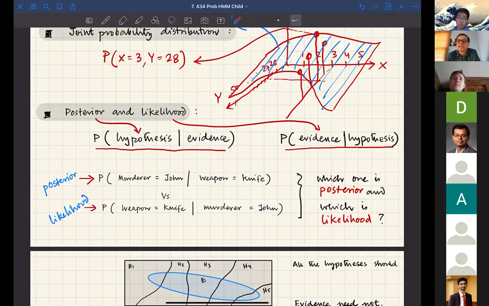Okay. Here is the way I think you should think about it. A hypothesis is the one that covers the whole sample space. So suppose you are looking to find the murder weapon.